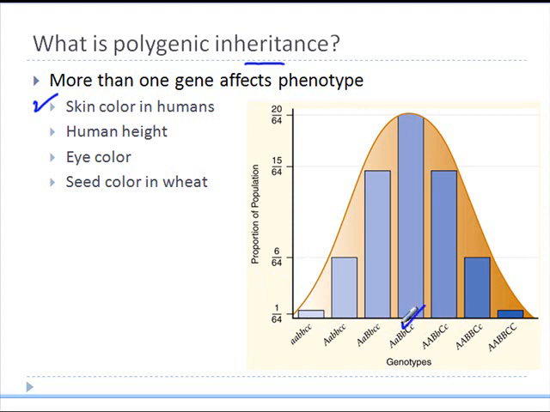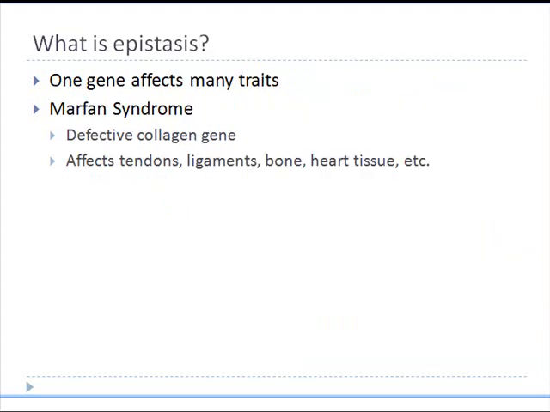Then you can see that this is the most dominant characteristic up here. The others, you can see there are only two alleles that are common and not the others. So it's mainly the combinations of the alleles that cause polygenetic inheritance.